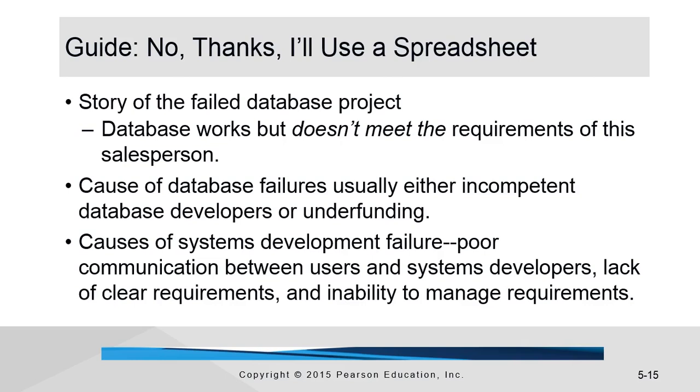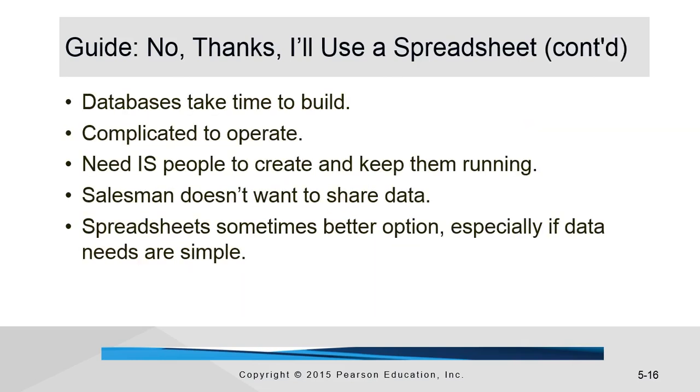A lot of times, in that analysis phase, the communication between the end users and the developers was not handled right, and therefore the requirements were not clear, or there was a lack of requirements, or maybe the project just wasn't managed well. So many times if a database project fails, it's not necessarily because the database was the wrong choice, but maybe the right resources just weren't on the project.